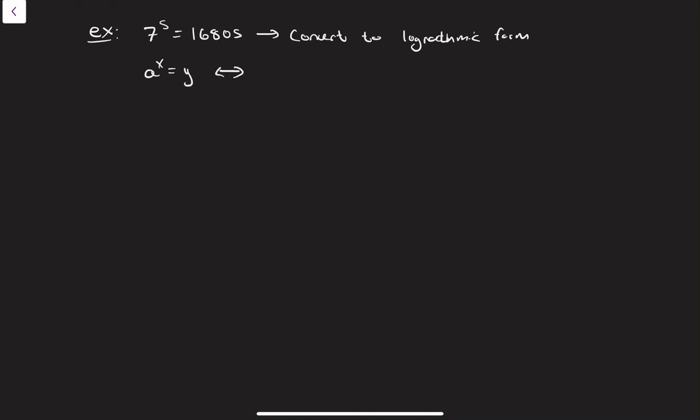We need to convert it to the form log a y is equal to x. So it's pretty straightforward. We'd have log base 7 of 16805, and that should all equal 5. Pretty straightforward. I will say it's a very easy example to start.